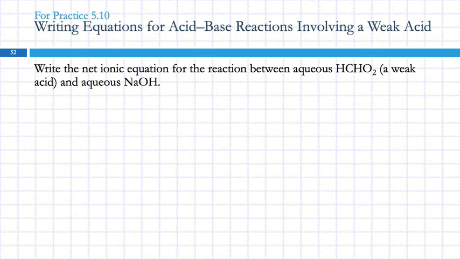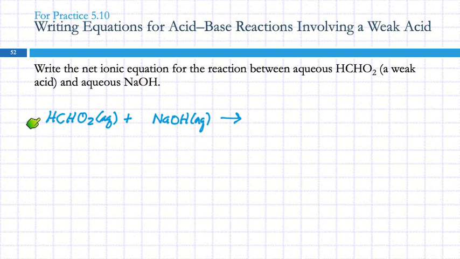So I've got HCHO2, aqueous, and NaOH, aqueous. To predict the products, I look at the ions that get formed, I swap the partners, and I put them together in their new combinations.